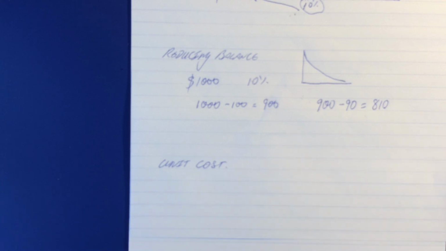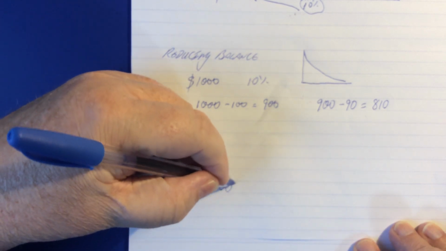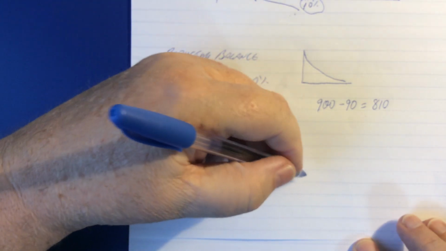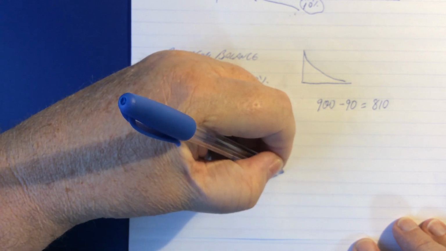Right, one more thing. Unit cost. Now, this is used in cases usually like machinery that has a productive lifetime, and that productive lifetime is usually expressed in units. So, imagine a $1,000 printer. Maybe it's a 3D printer, and it's got a productive life.